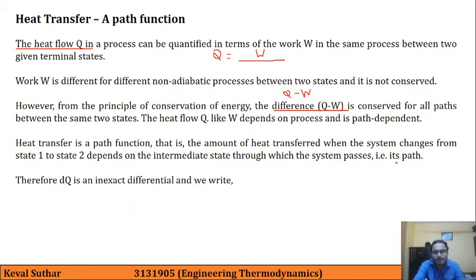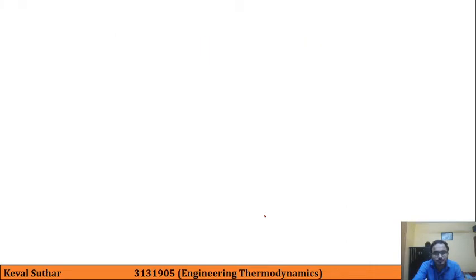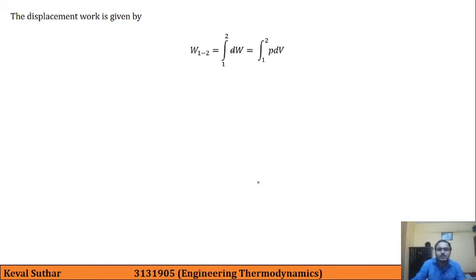Therefore, d cut q is an inexact differential and it is written in this way. So integration from 1 to 2 of d cut q is equal to Q12. The displacement work is given by W12 equal to integration P dV, that is already known to us.